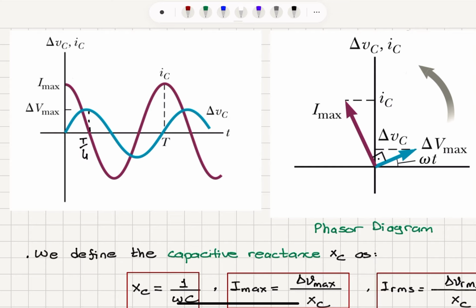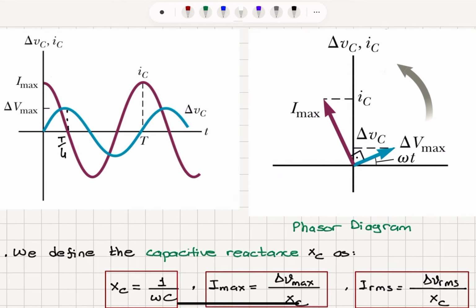The current was already maximum at the beginning. Now at time T over 4, a quarter of a cycle, it is 0. If I wait another quarter of a cycle, the voltage becomes 0, but the current has become minus I max. So on and so forth. So we see that the current is leading the voltage.